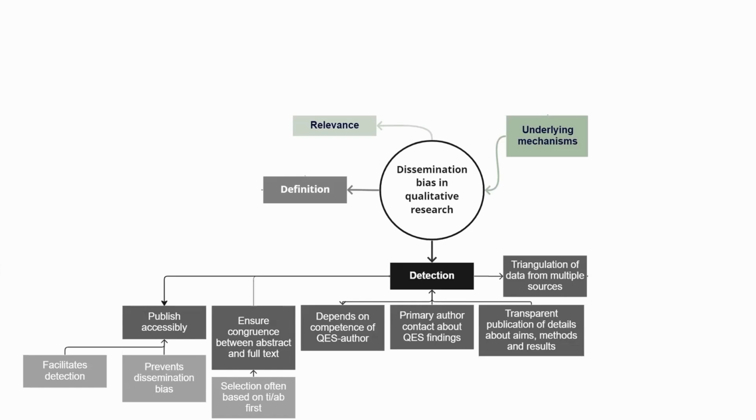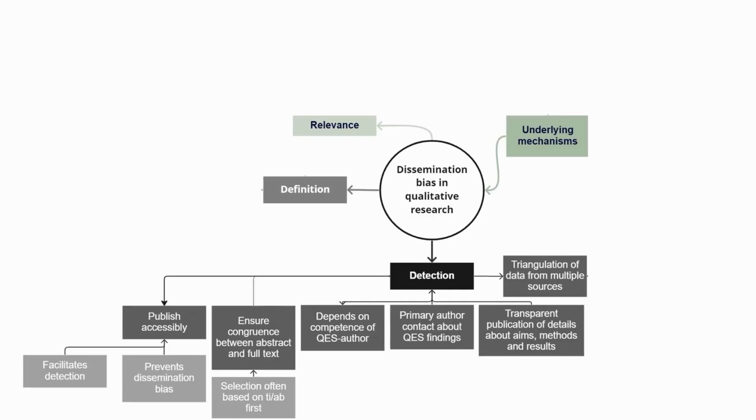What we could do in order to detect it is to contact primary study authors about the qualitative evidence synthesis findings and confirm with them whether in the synthesis we arrived at the right conclusions or summarized correctly.